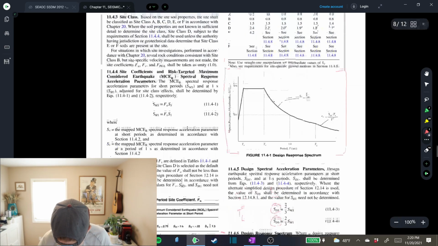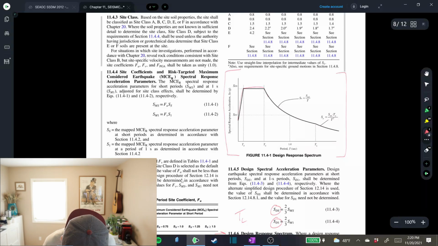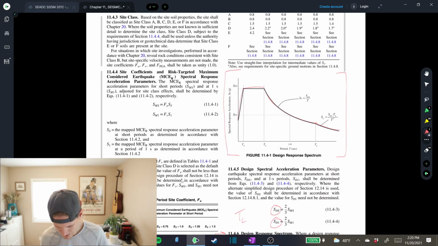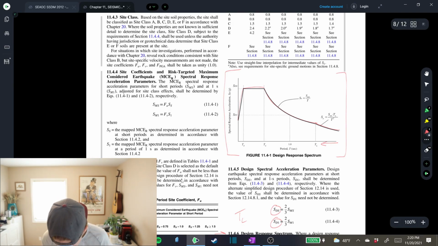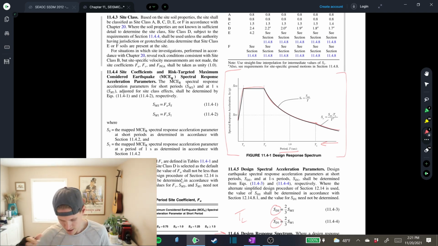In order to create this line on the graph, you have to take a look at the X and Y axis of this graph. On the X axis, you have your period T, and that starts from 0 all the way to your long period and beyond, and you have subsequent intermediate periods of importance that we are going to solve for.